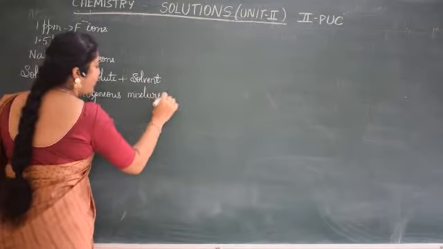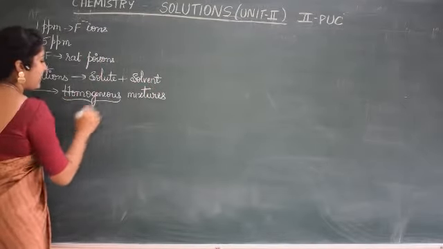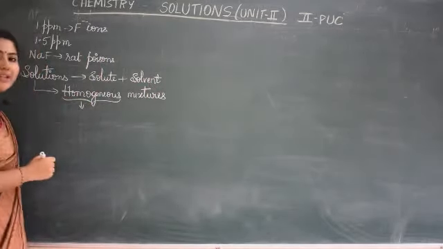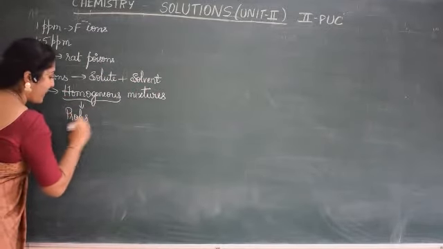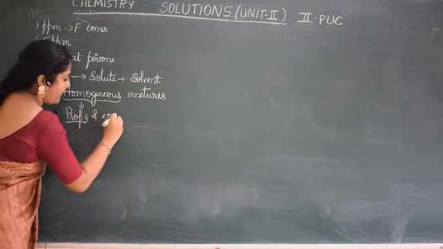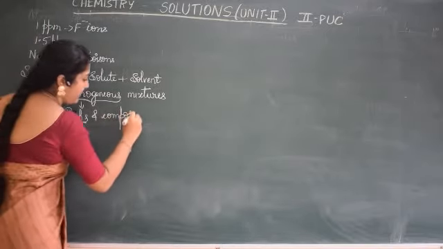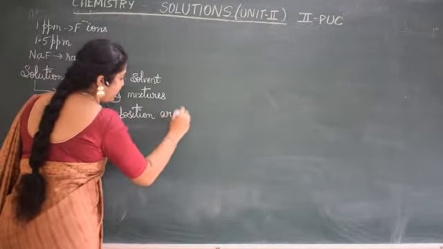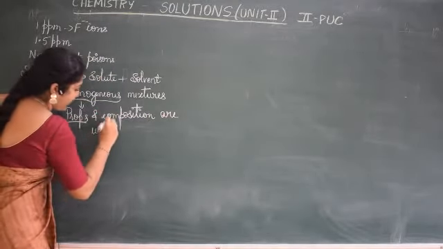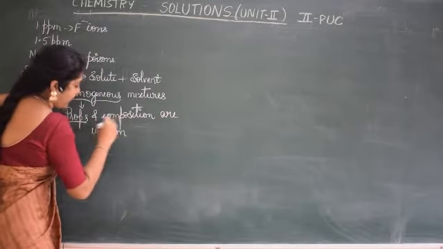Homogeneous here means that the properties and composition are uniform. This is what it means, right?